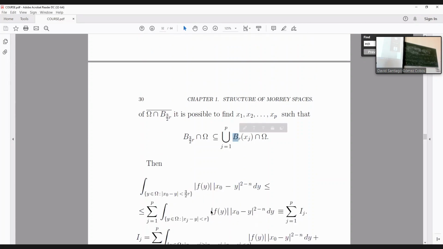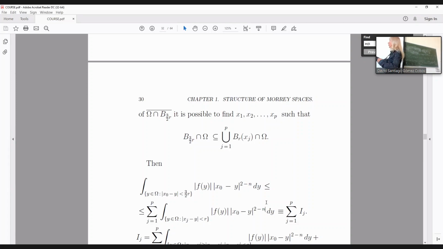Well, then let us consider the integral in the set of x belonging to omega such that |x0 minus x| is less than 3/2 r of the function f over |x minus x0| with exponent n minus 2, or equivalently I put everything here with exponent 2 minus n.